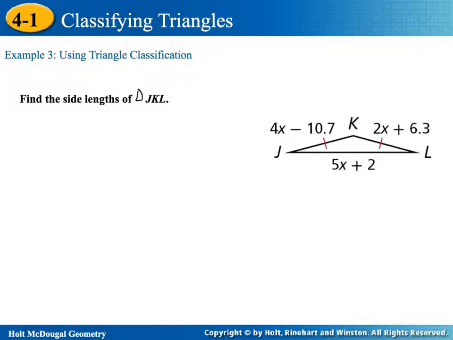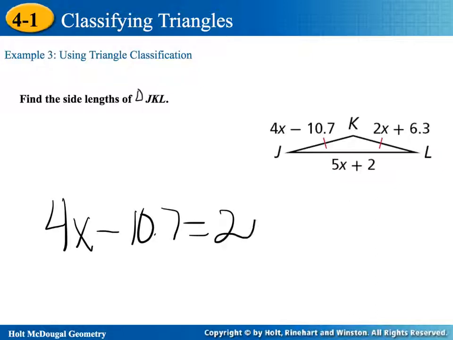All right, last example. Find the side lengths of triangle JKL. How on earth am I going to do this? Well, since I know that these are congruent, I know this is an isosceles. So what I might want to try to do is set things equal to each other. Since the segments are congruent, their values are going to be equal. So I set 4x minus 10.7 equal to 2x plus 6.3. And now I can just simply solve for x.